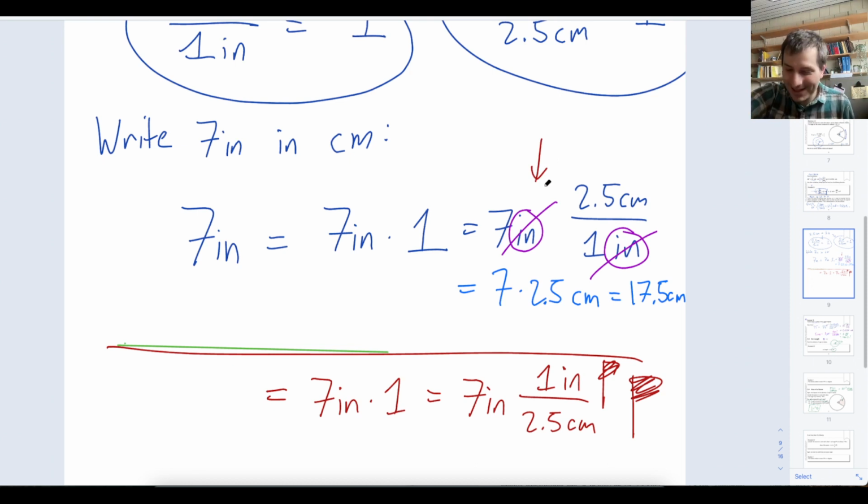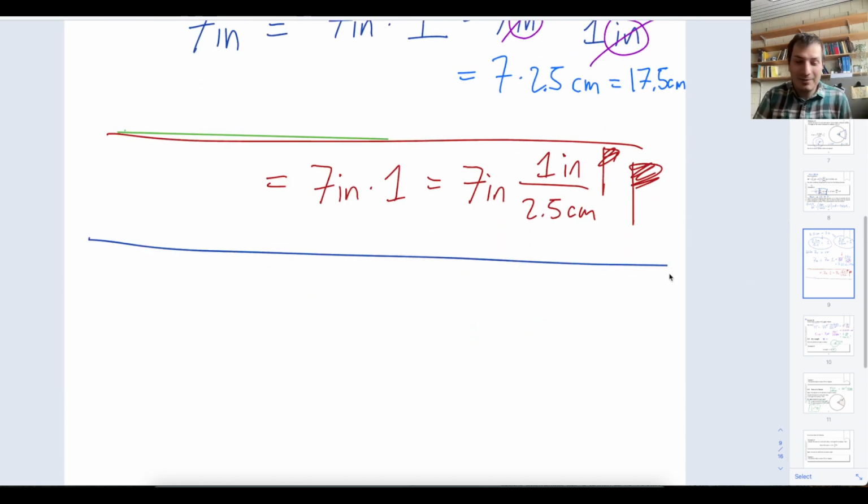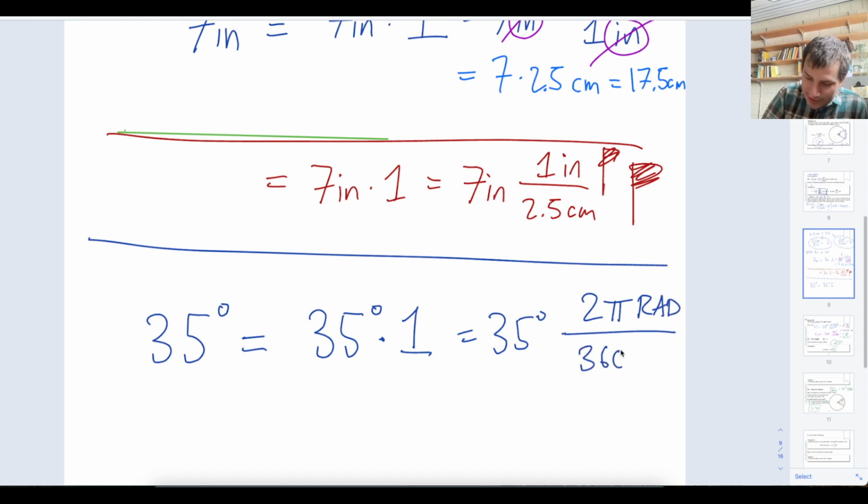Let's do it with radians and degrees, because that's what the course is about. So let's do the problem one more time. 35 degrees is how many radians? Well, 35 degrees is the same as 35 degrees times 1, and 1 is the same thing as 2 pi radians divided by 360 degrees.